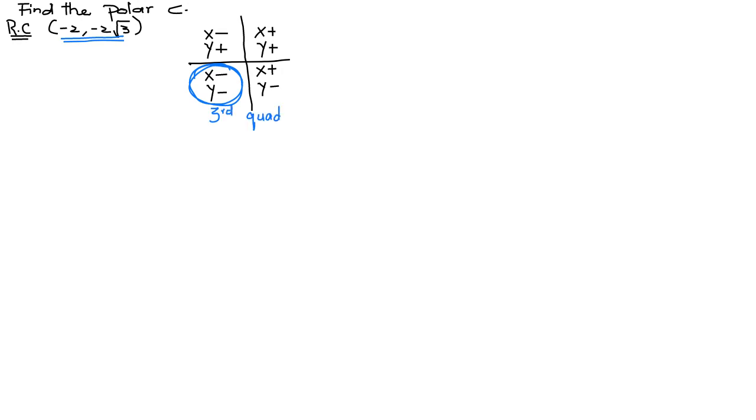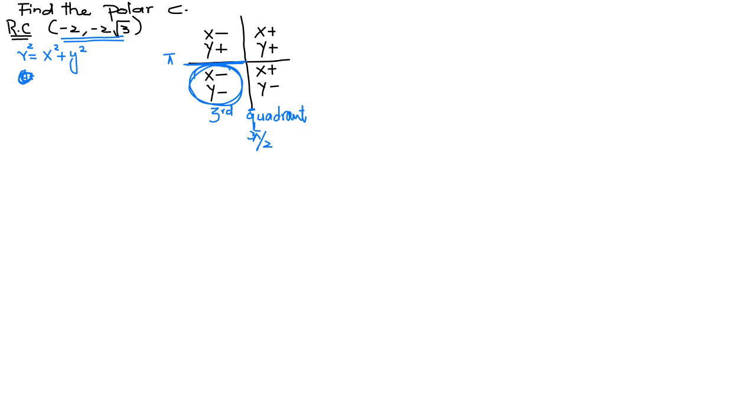quadrant. So if we find r and theta, the theta angle should be between pi and 3 pi by 2. Now r, how can we find r? We have a formula: r square is equal to x square plus y square.